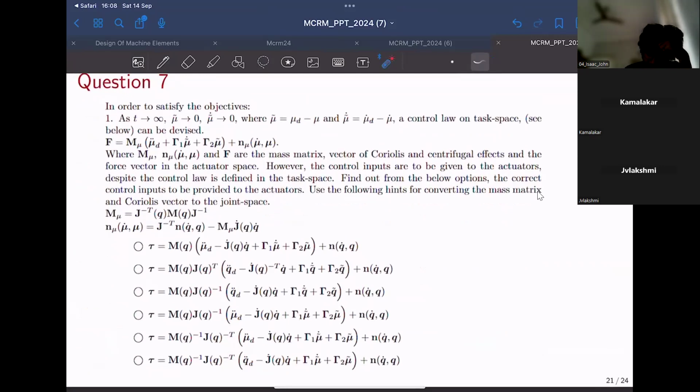As time tends to infinity, mu tilde tends to 0 and mu tilde dot tends to 0, where mu tilde is mu desired minus mu, and mu tilde dot is mu desired dot minus mu dot. A control law on task space can be devised because these variables mu are all defined in task space.